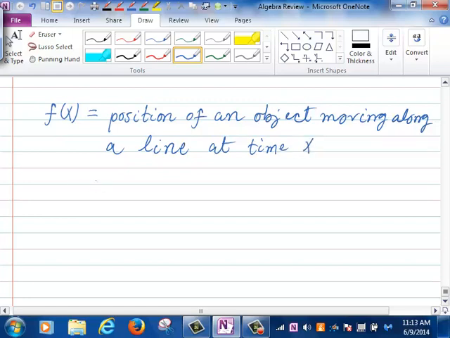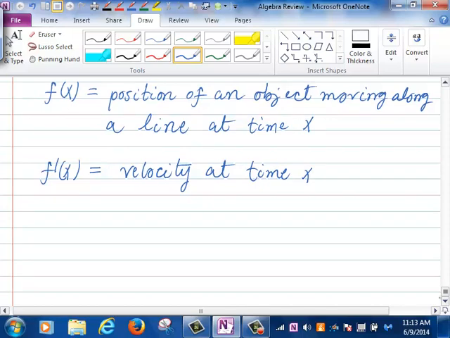Well, then what would be f prime of x? The f prime of x would be the instantaneous rate of change of f at x, right? Which would be the same as what? Velocity at time x. So this is the velocity function.